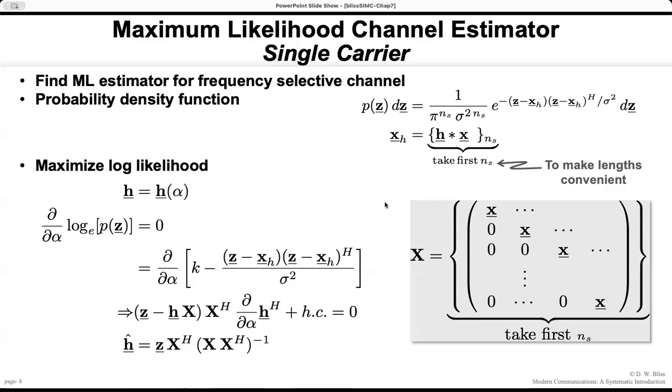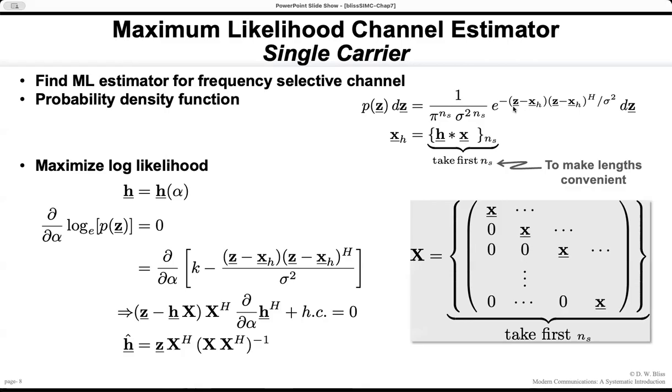All right. Now we're going to use this probability density function in a slightly strange way to get the maximum likelihood estimator. We know that buried in this thing is h. We're going to find an h which maximizes the likelihood given that we know x and that we observed z.